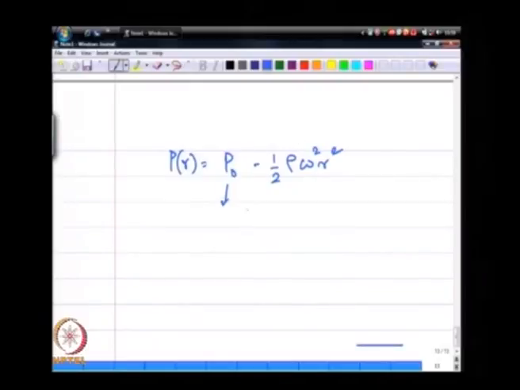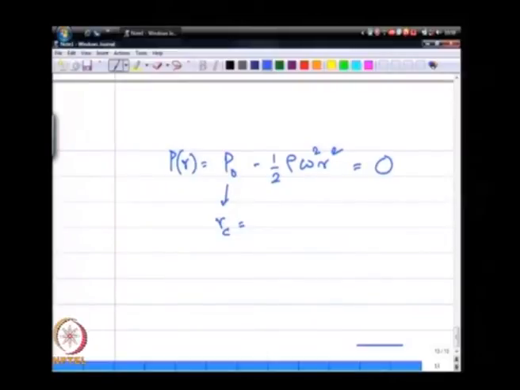So I can find a particular value of r where this is equal to 0. If the pressure at the center line is given, I can find a radial cutoff point at which the pressure is equal to the atmospheric pressure.